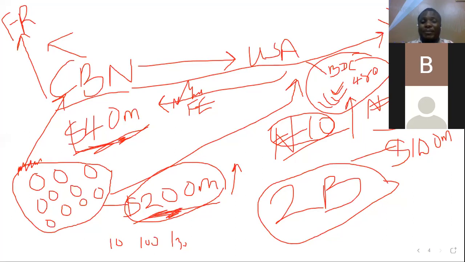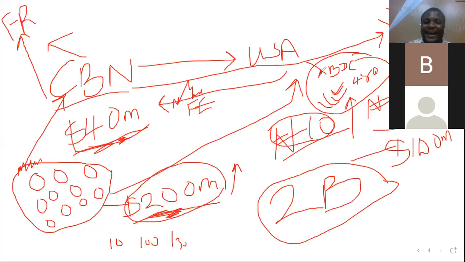So look at what now broke the camel's back. CBN discovered that some of these Aboki, CBN gives them the dollar, they hoard it, because they know that people will come and meet them for dollar. They will hide it and be increasing the price voluntarily.